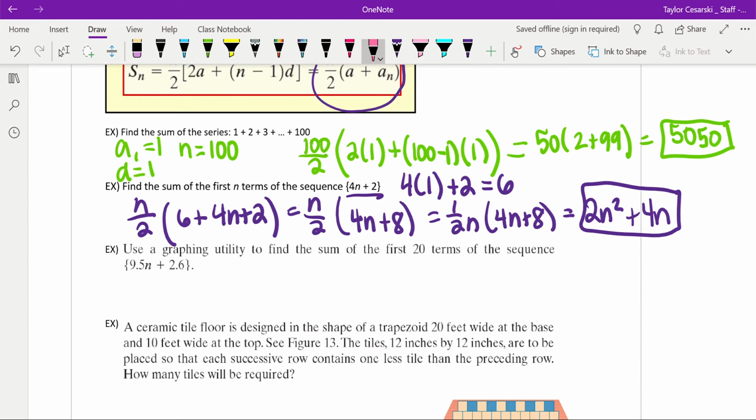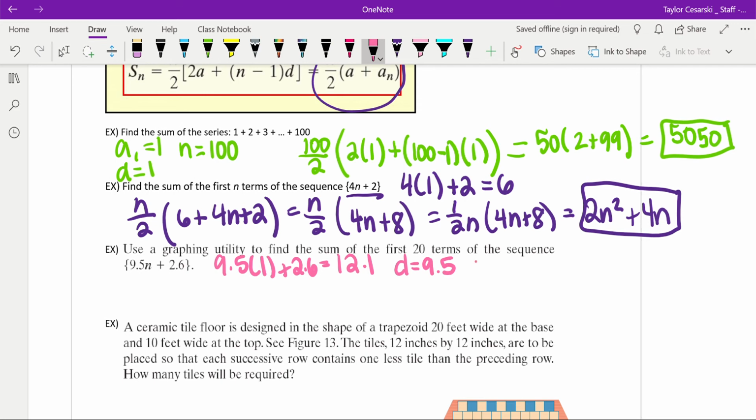The first thing I'm going to do is find the first term. So 9.5 times 1 plus 2.6, which is 9.5 plus 2.6, equals 12.1. The common difference is 9.5, what you're adding every single time.